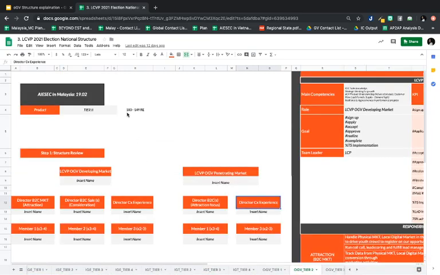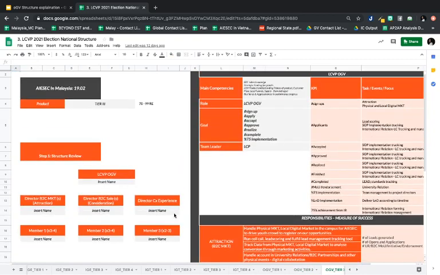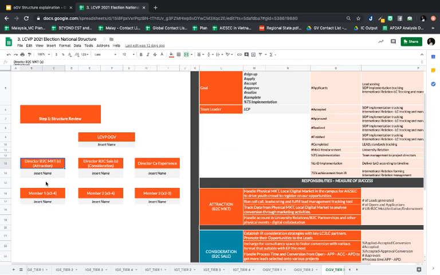Tier 2 should be the LCs that aim for 100 to 149 realizations, and tier 3 is the LCs where we propose to have only one LCVP. So the realization goal should go from 70 to 99 realizations. At the same time, they can have more than one team taking care of B2C marketing, and more than one team taking care of B2C sales.